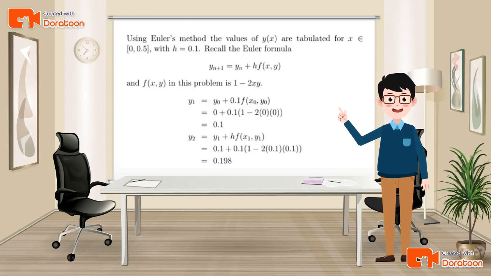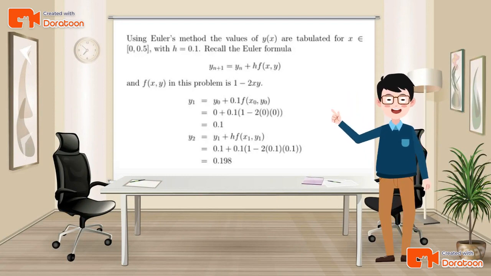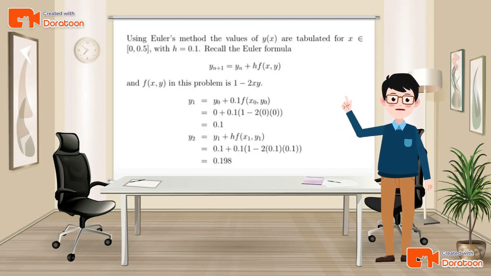Therefore, we get y1 = y0 + 0.1 f(x0, y0). The answer is 0.1. For y2, y1 + h f(x1, y1), the answer is 0.198, and so on until x equals 0.5, because we have 5 steps.